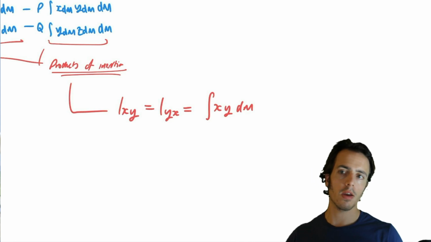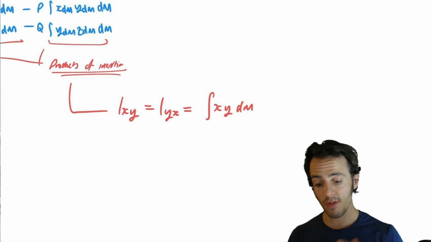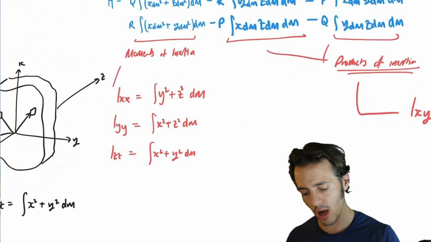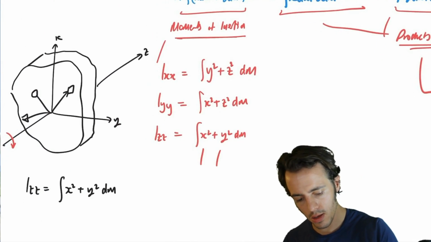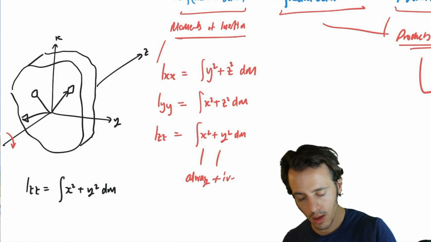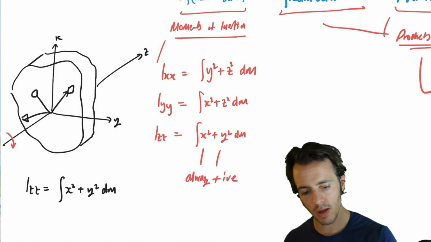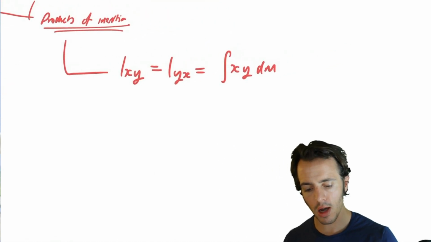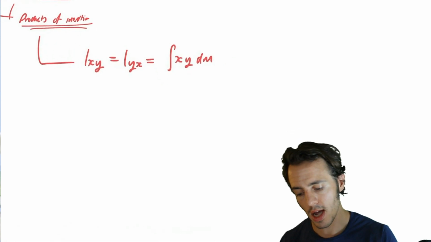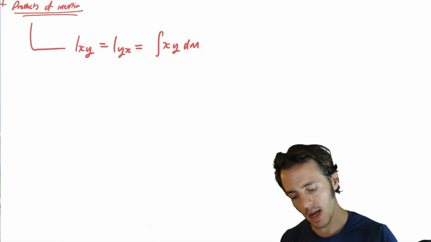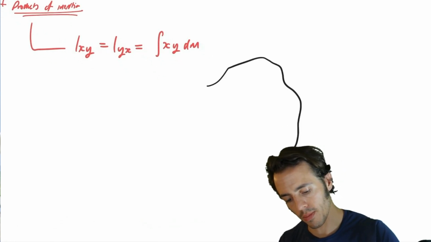It's a measure of, and firstly it's a signed measure. If we look over here, moments of inertia are always positive. Products of inertia are signed, because x and y can have magnitude, they can be signed objects.